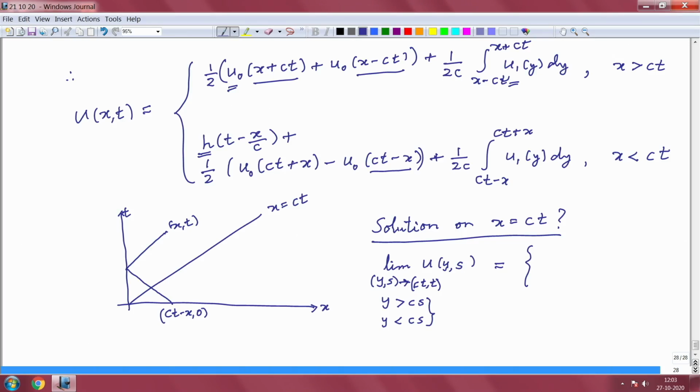So, what you get is half u_0(2ct) plus u_0(0) plus 1 by 2c, the integral from 0 to 2ct of u_1(y) dy.